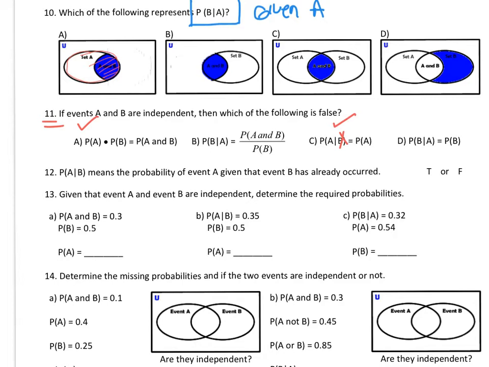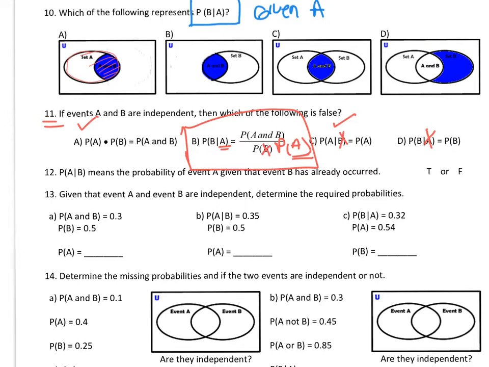Probability of A is A. Same with this. It doesn't matter that A already happened. Probability of B is B. So the problem here is that edit right there. That should say the probability of A. So that would correspond with that A there. So that's why the answer to this question is B.